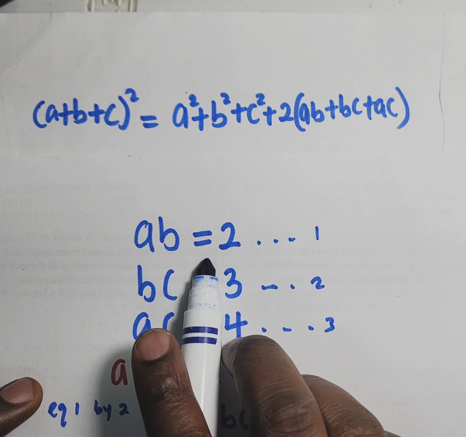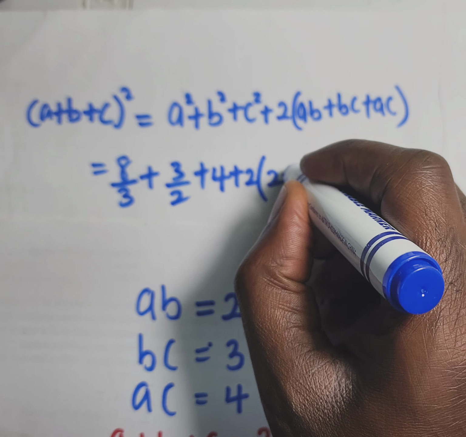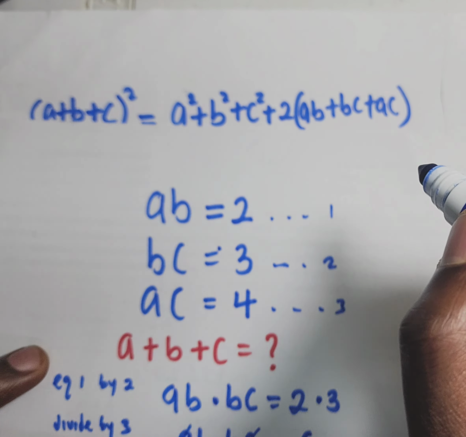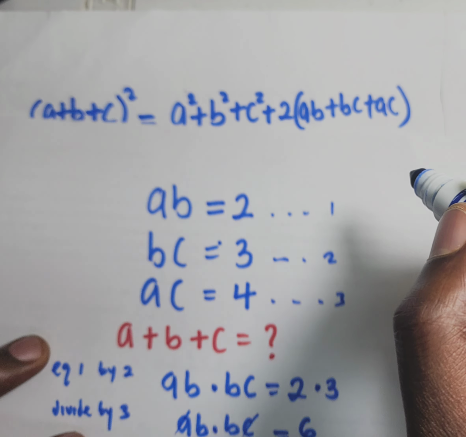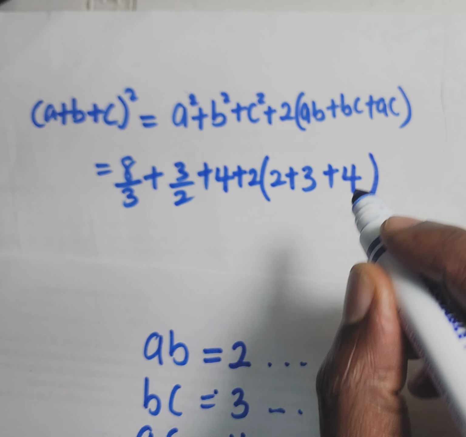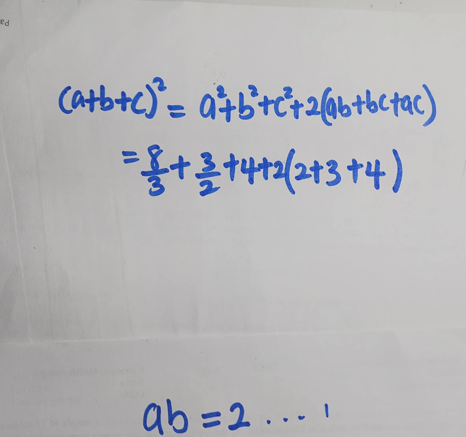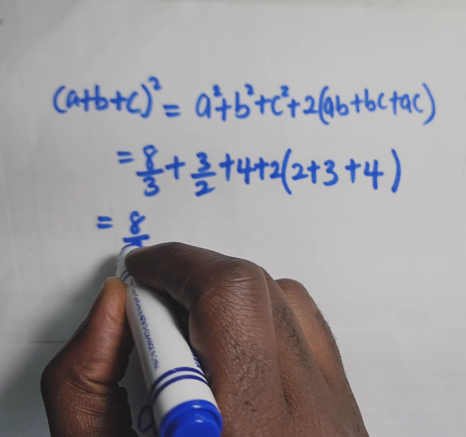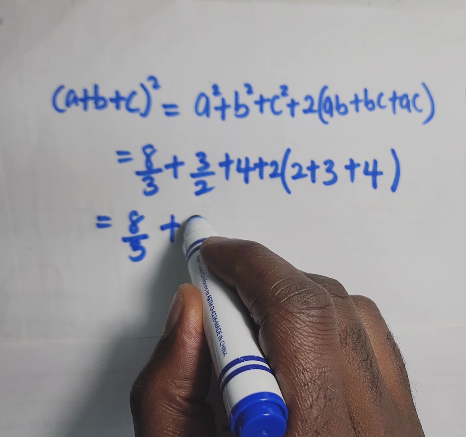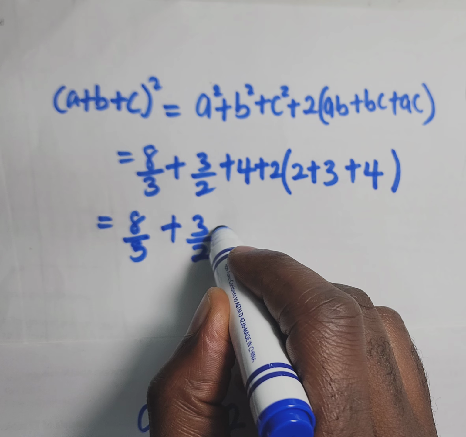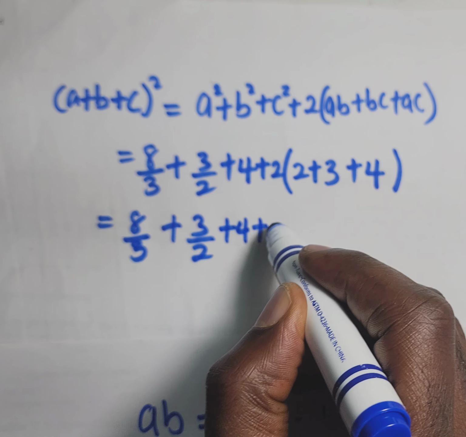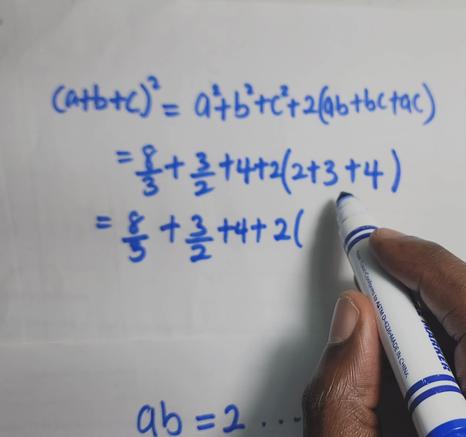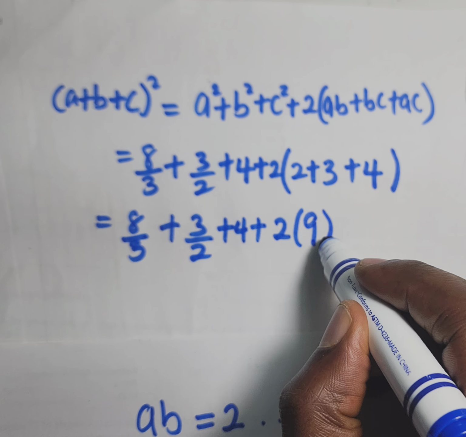From the question, AB is 2, BC is 3, and AC is 4. Now, solving this mathematically here, we're going to have 8 over 3 plus 3 over 2 plus 4 plus 2 in parentheses, 2 plus 3, 5 plus 4, which is 9.